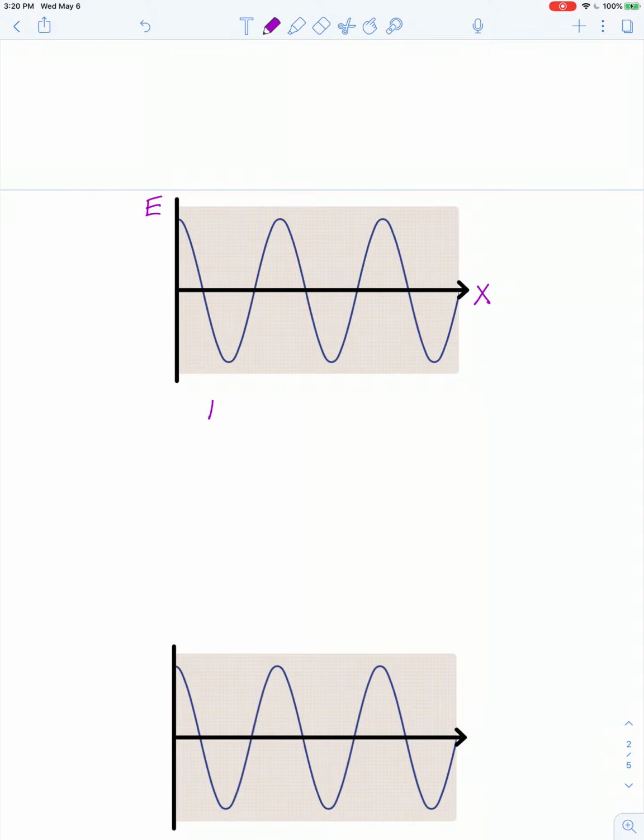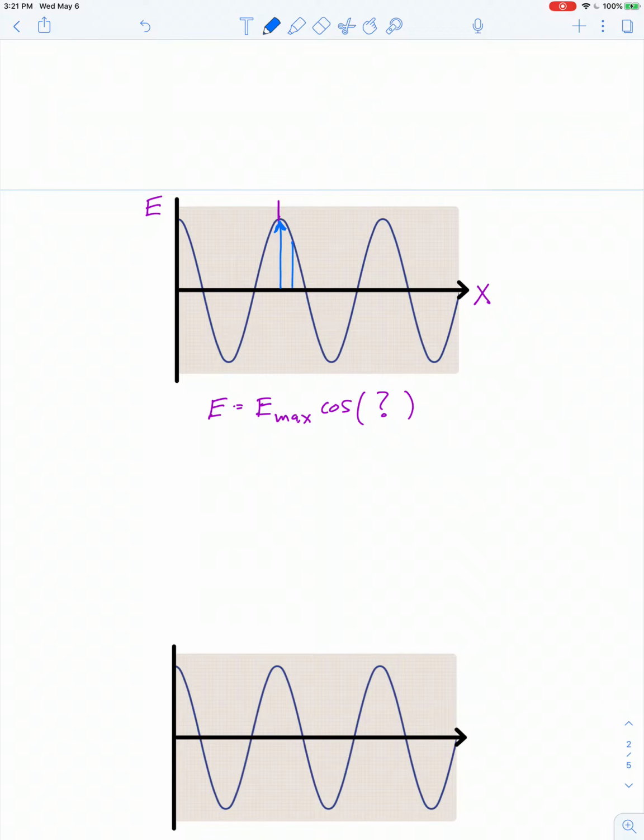So we can say that E is equal to E maximum times cosine of what exactly? Well, how about this? We can say the distance from where the electric field, like right here, all we're saying is the electric field points up and has its greatest value.